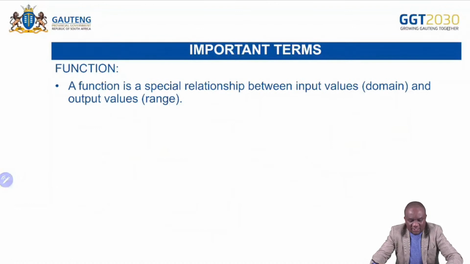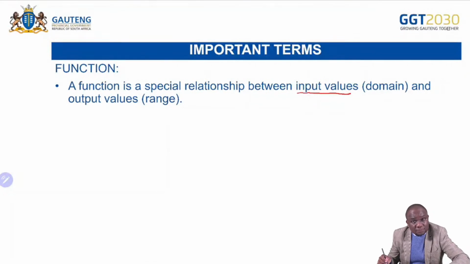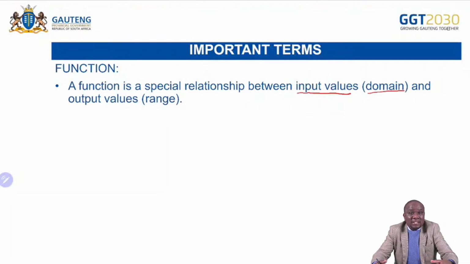Right, what is a function? Important terms that we want to discuss. A function is a special relationship between input values, and I'm introducing the term now, the domain. The input values are the domain of the function. So we're going to be getting a lot of these questions. What is the domain of this function?